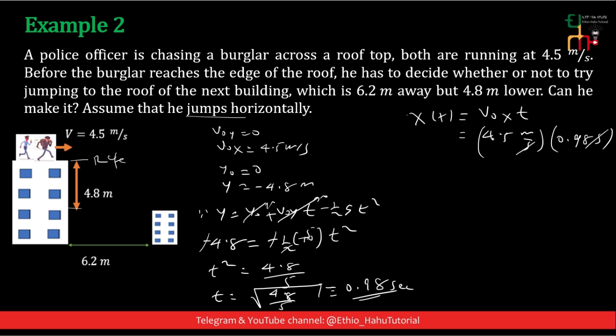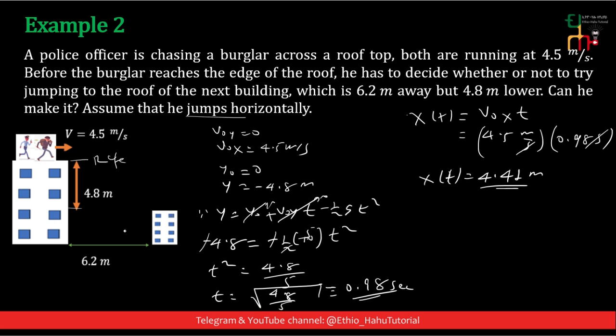Second goes with second. 4.5 times 0.98 is simply 4.41 meter. This is the horizontal distance moved by the burglar. Therefore, with this initial velocity, the burglar moves horizontally 4.41 meter.